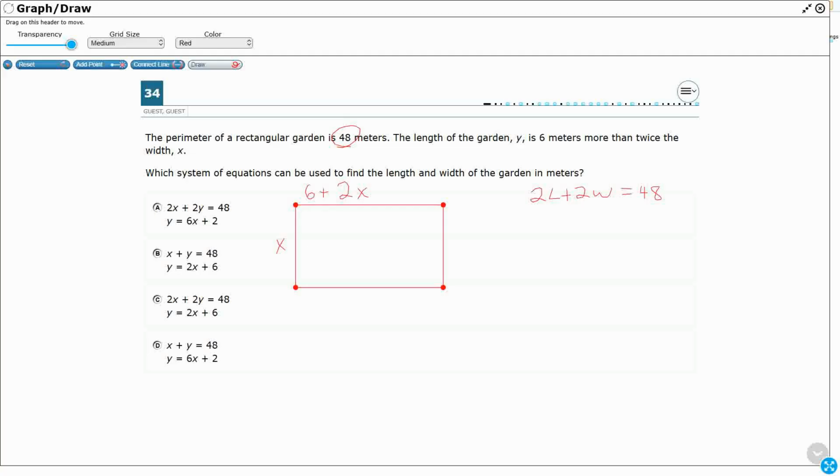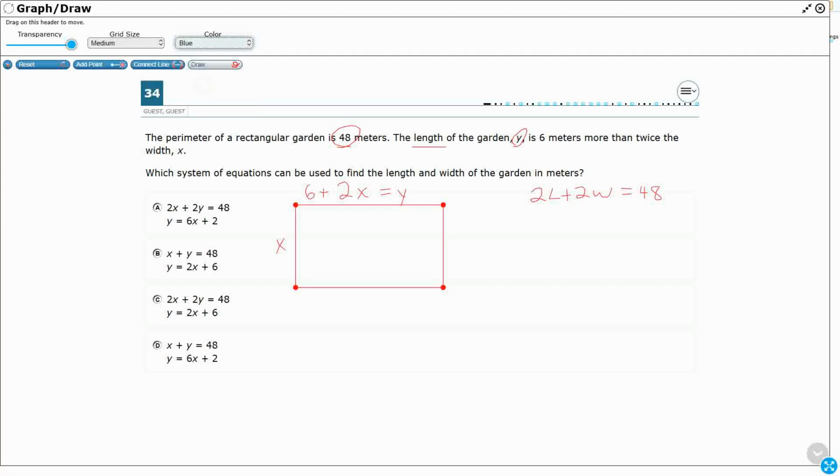Well, our length is y. We did the 6 plus 2x, but they went ahead and gave that to us as y. So we can say the 6 plus 2x is equal to y. That's our length. And then what is our width?